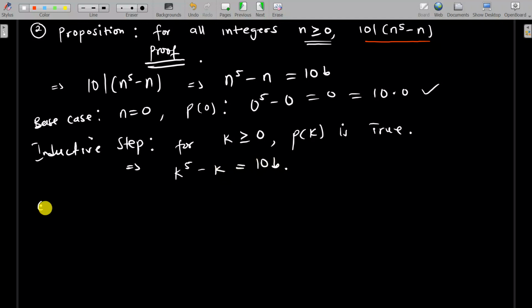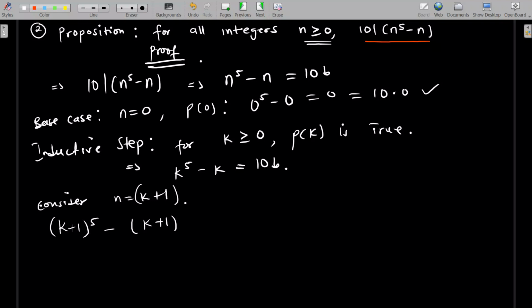Now you consider k plus 1: (k plus 1) to the power 5 minus (k plus 1). This is when n equals k plus 1. More appropriately, you can start with: consider n equals k plus 1. Then what can you say? When n equals k plus 1, we want to make sure that (k plus 1) to the power 5 minus (k plus 1) can be written as 10 multiplying some constant b.